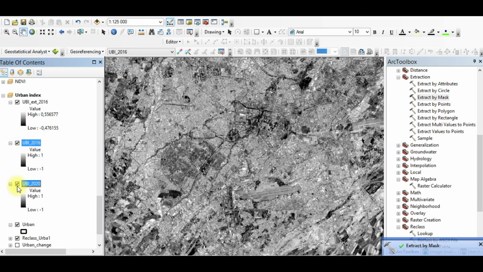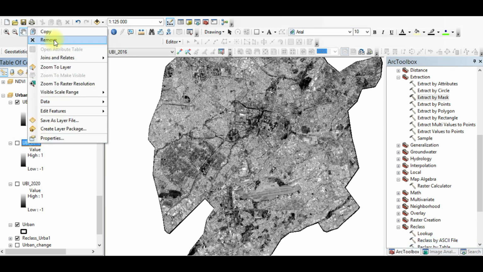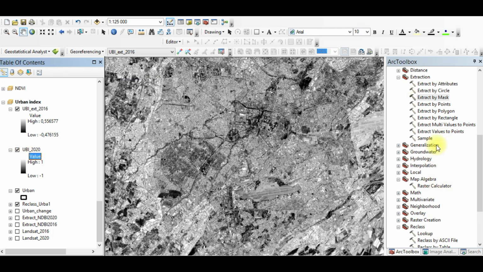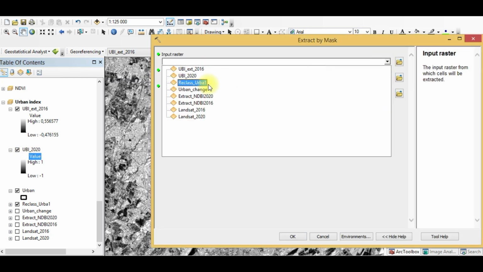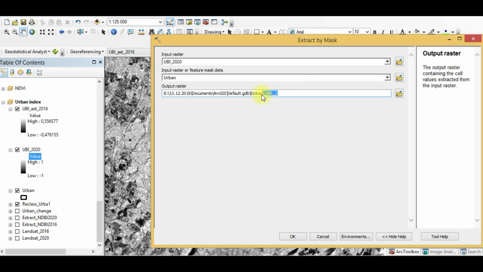So this is my extracted file, urban index. So I can remove this one already and do the same with the 2020 urban index, UBI extract 2020.